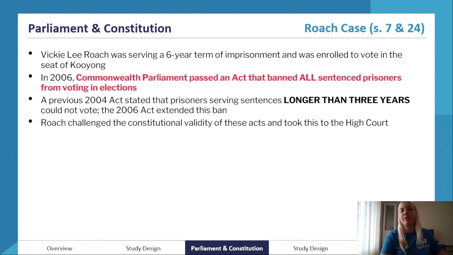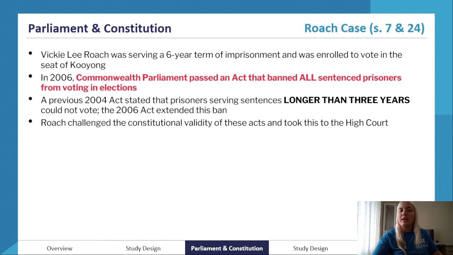Now, our first case is the Roche case, and it's with regards to section 7 and 24 of the Constitution, which we just looked at. In this case, Vicky Lee Roche was a prisoner serving a 6-year term of imprisonment.